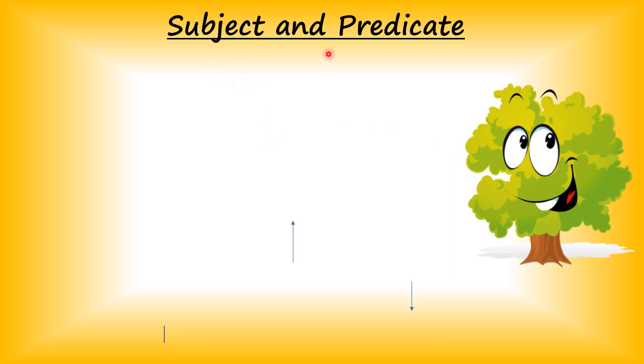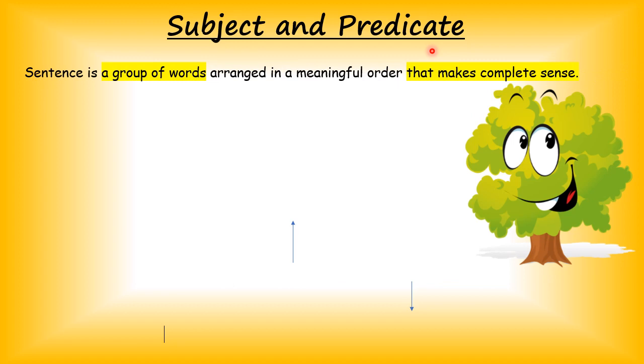Subject and predicate. In this lesson, we will be learning about subject and predicate and why it is important. So, as we all know, a group of words arranged in a meaningful order that makes complete sense is called a sentence. And this sentence is made up of two parts.